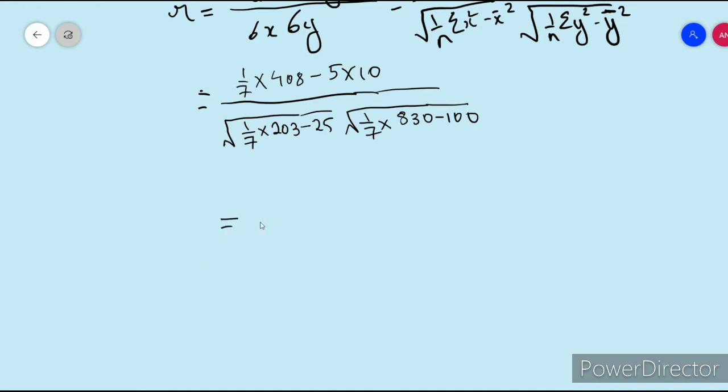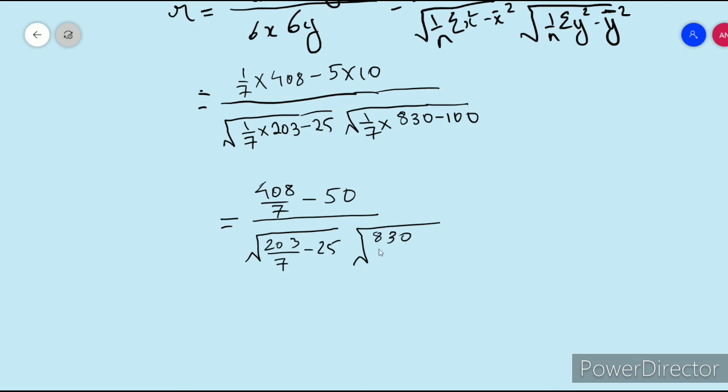Those values separated by a minus sign, we work out first. So this gives us 408 divided by 7 minus 50, 203 divided by 7 minus 25, 830 divided by 7 minus 100.